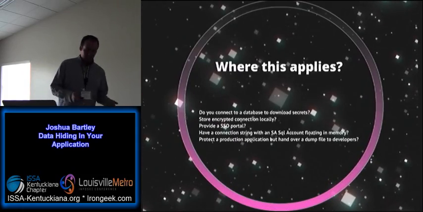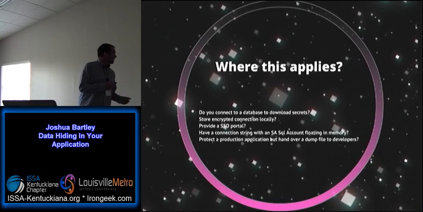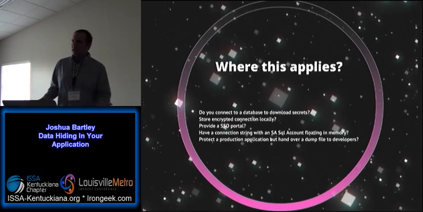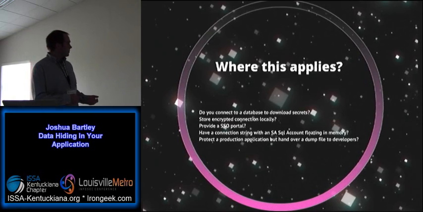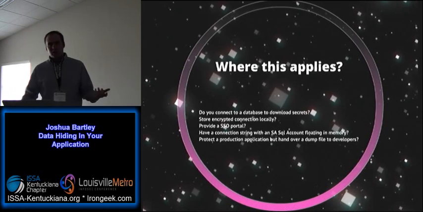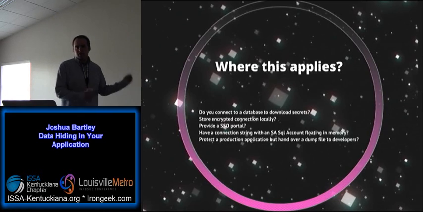Okay, so where does this apply? Some scenarios to think about. Do you have a database that contains a bunch of your secrets, basically one connection string to some database store where you centrally manage all the information for your company? Do you have a single sign-on portal, a web-based one where people type in their usernames and passwords and you handle it on the back end?